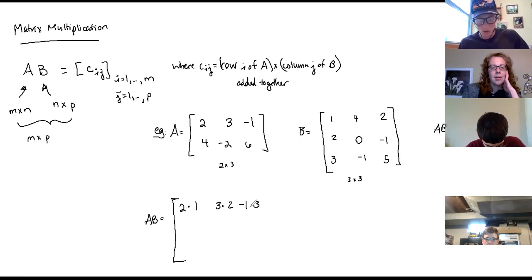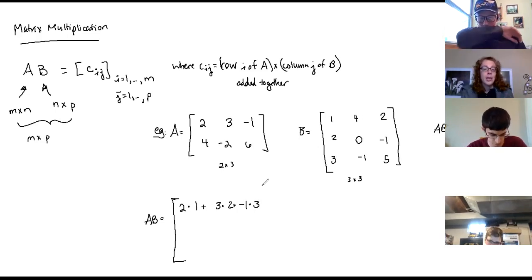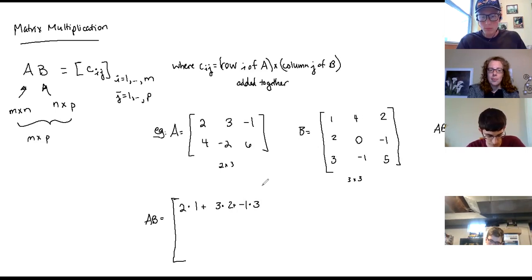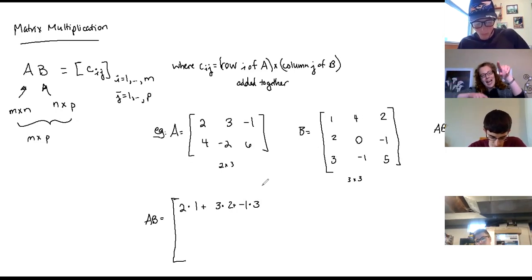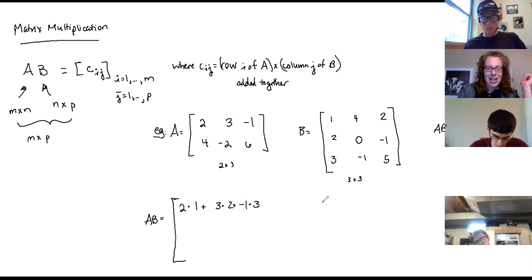Multiply and add. Row 1 from A, column 1 from B, multiply and add. That's your rule. That's how this works out. Again, normally I would be going across and down, and you can't see that, and it's unfortunate, and I can't gesture at the board, and I miss my classroom.